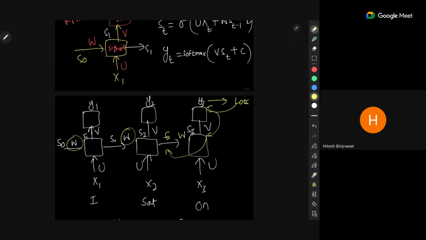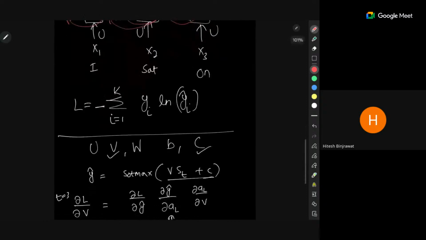Now from S3 I have to go to S2, from S2 I can go to W, and the same thing from S2 I have to go to S1, and from S1 I have to go to another W. So this kind of thing will appear.